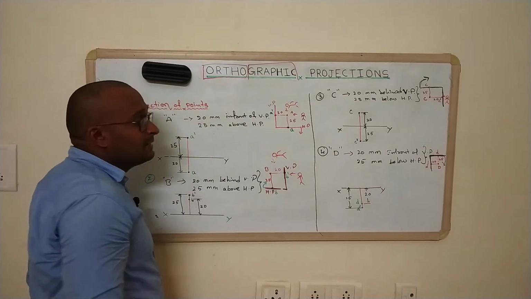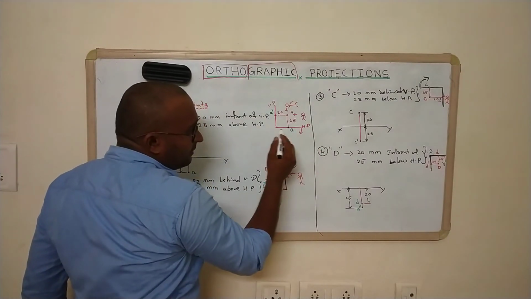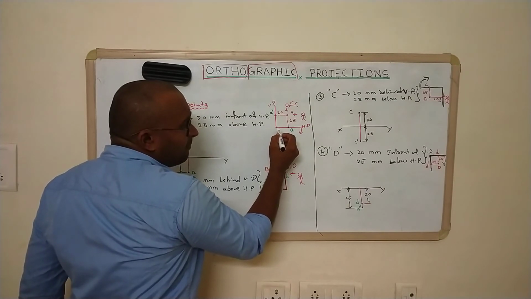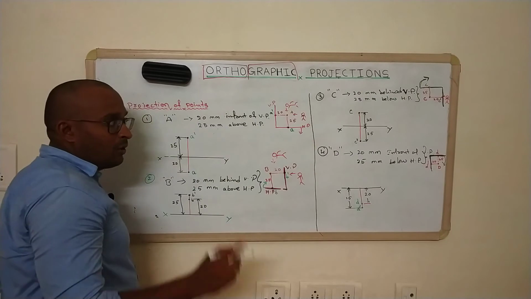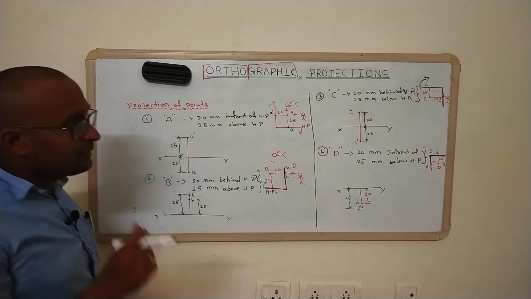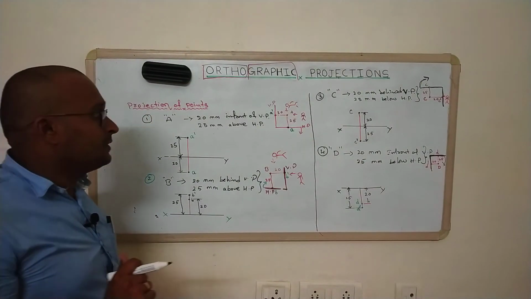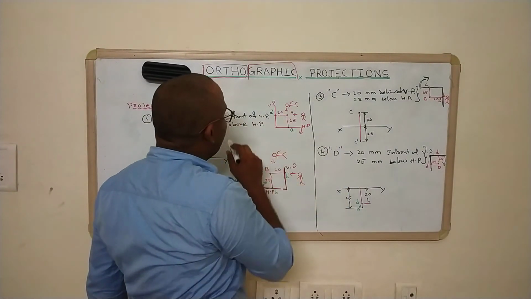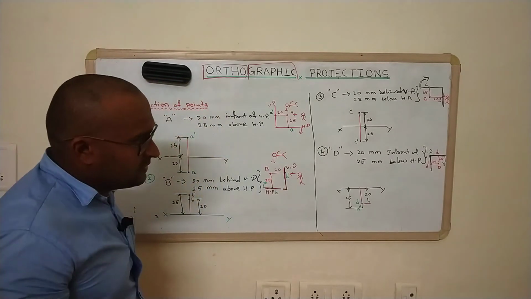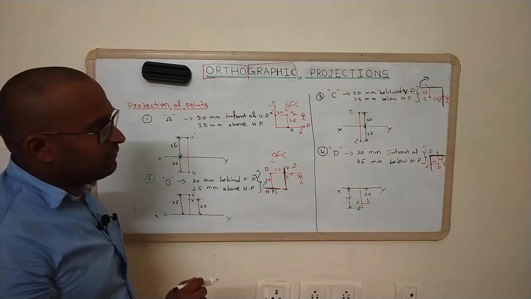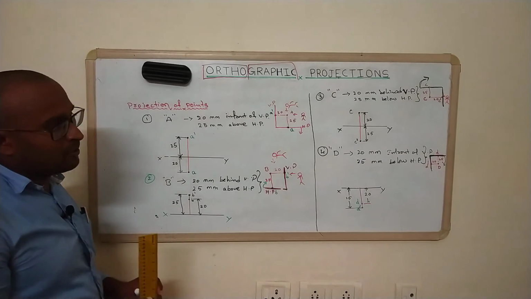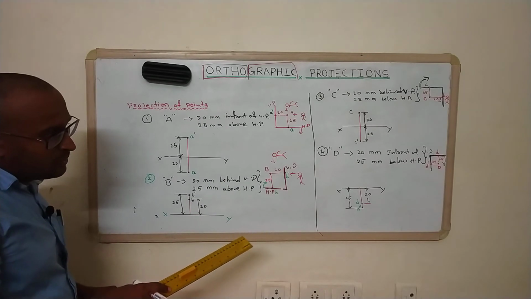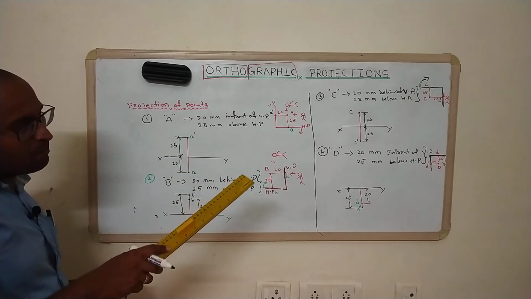In such cases we need to see from the side, so automatically the front view will lie on the same XY line on VP, and the HP position is also available. So these are the two more conditions in the projection of points. The projection of points may be given in the problem itself, right? So this is the way how we need to solve projection of point problems.